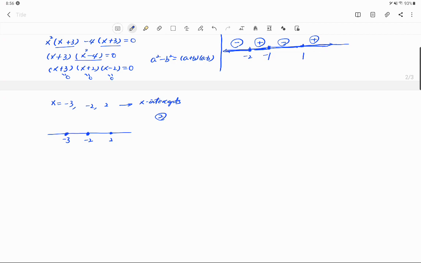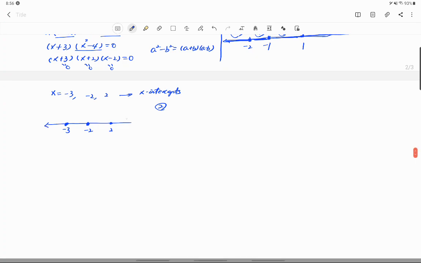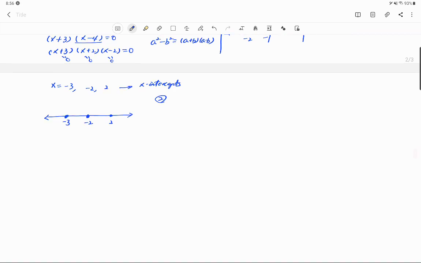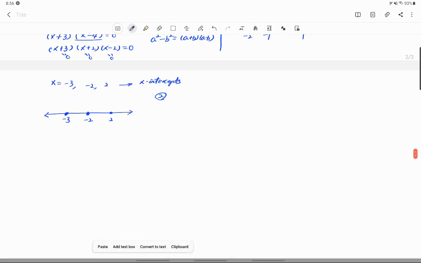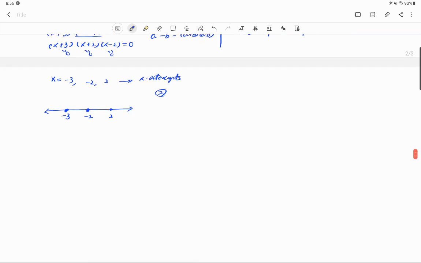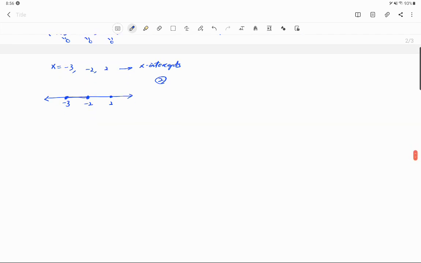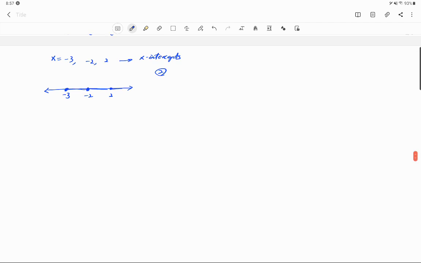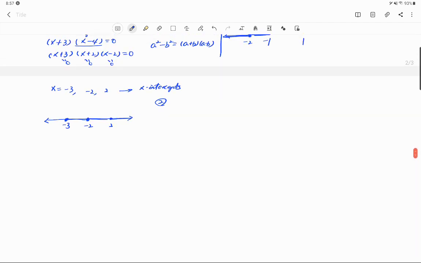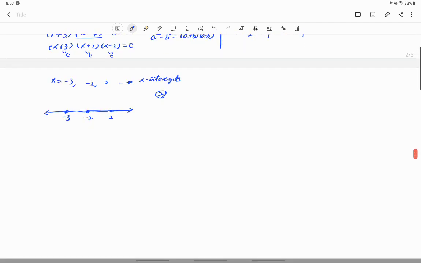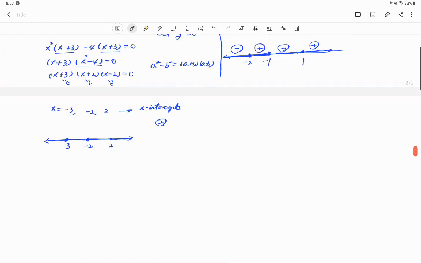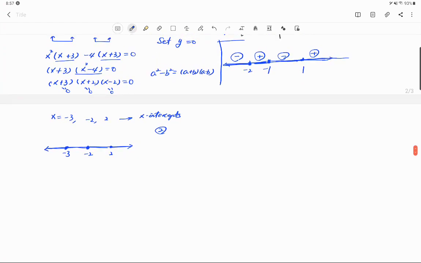All right, and as you see, these 3 points divide the x number line into 4 intervals: less than negative 3, between negative 3 and negative 2, between negative 2 and 2, and greater than 2. So there are 4 intervals. For each interval, we want to find whether the graph is positive or negative.